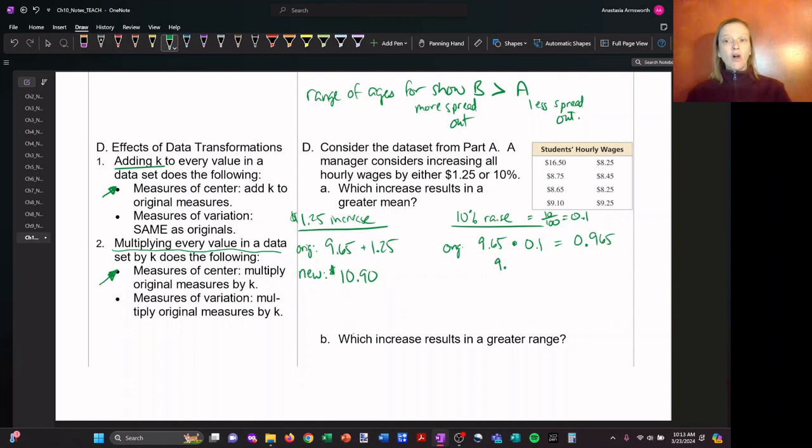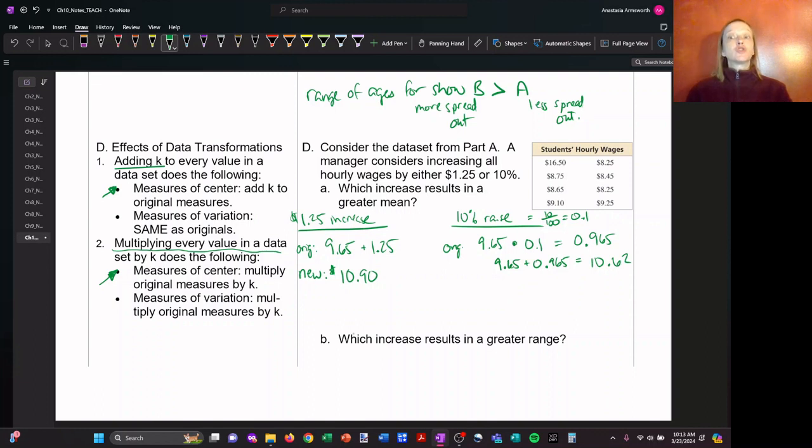So I still need all of that original $9.65, but I have to add on the 96.5 cents. And then all together, that gives me $10.62, rounded off.